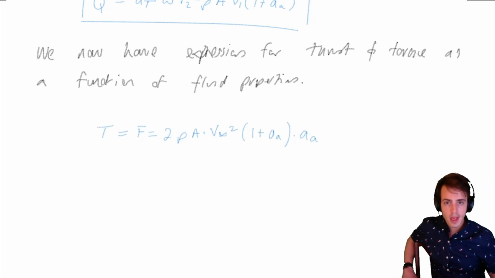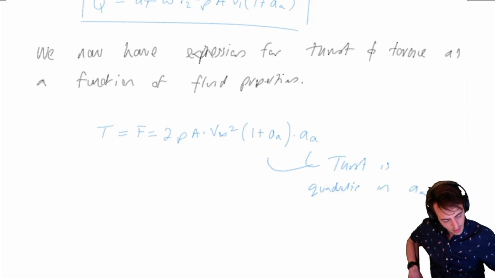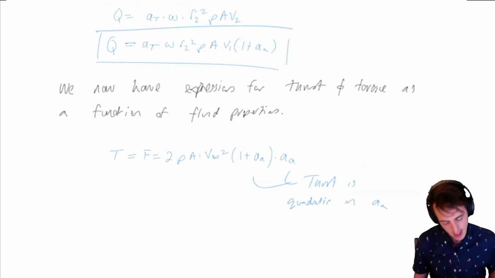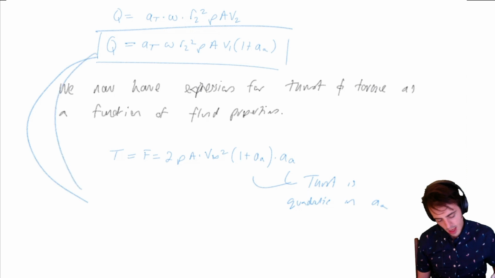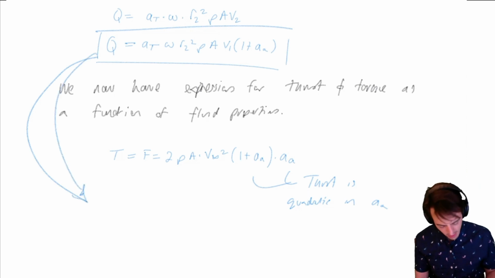We can see this is then, thrust is then quadratic in AA. And we can see that then the torque is a function of both the axial induction factor and also of the tangential induction factor.